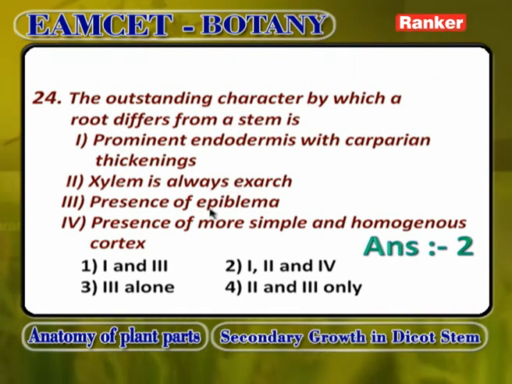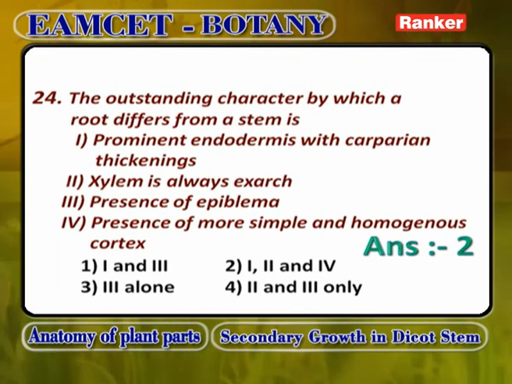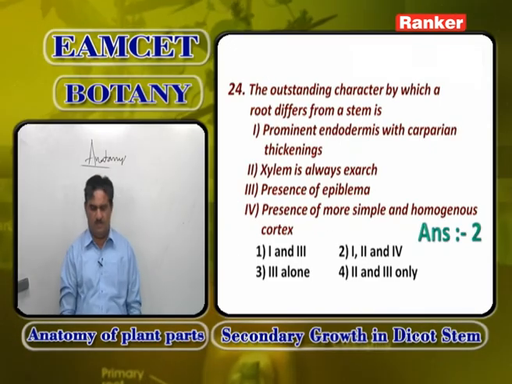Presence of epiblema cannot be a difference between a dicot root and stem. Presence of simple and homogeneous cortex is correct. So the answer is 1, 2, 4.